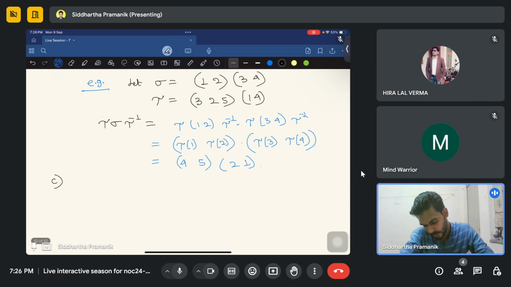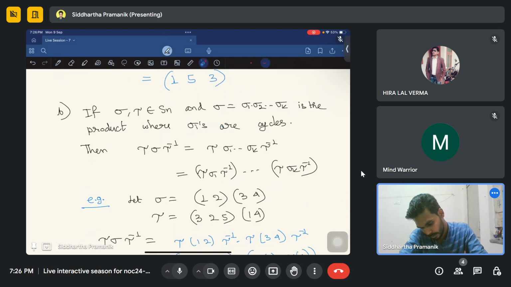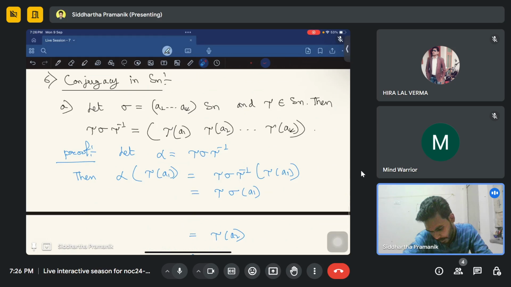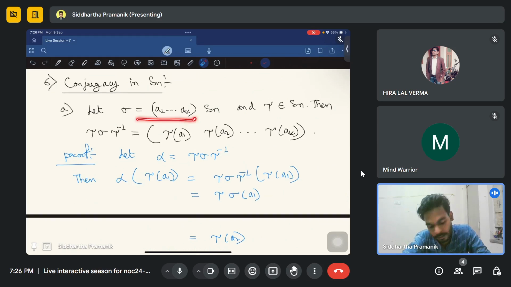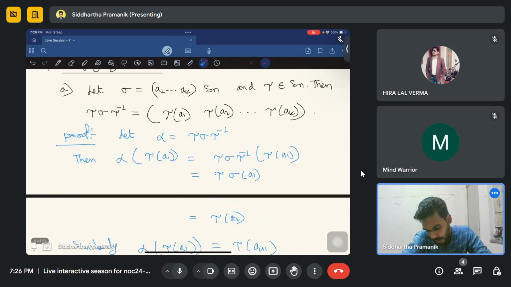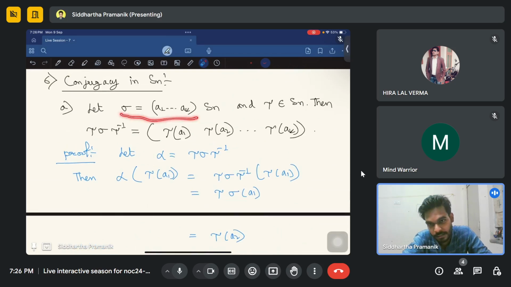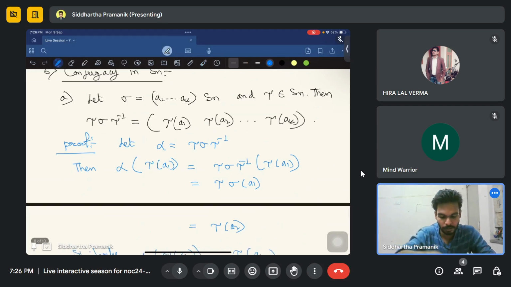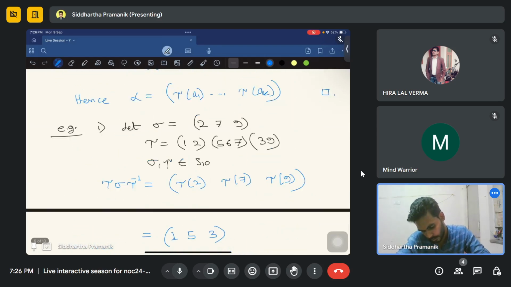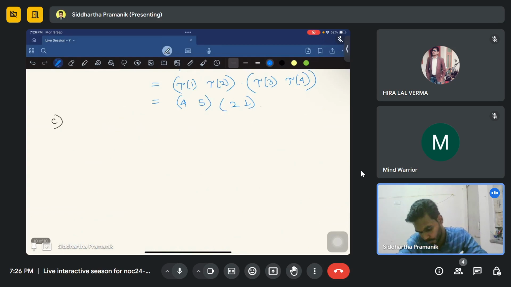So one thing you can observe is that if sigma is a k cycle, then its conjugate is also a k cycle. So whatever the cycle structure sigma has, the same structure its conjugate has. So an element and its conjugate have the same cycle structure, disjoint cycle decomposition, and the converse is also true.